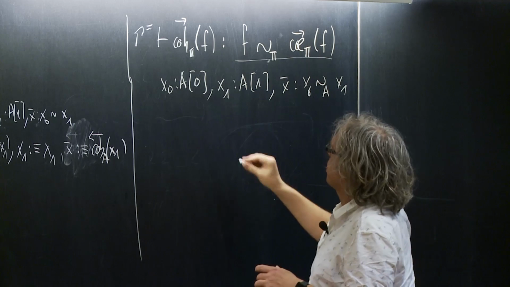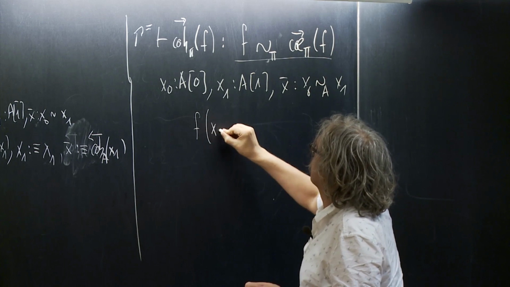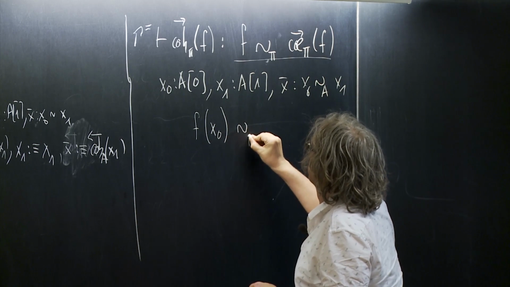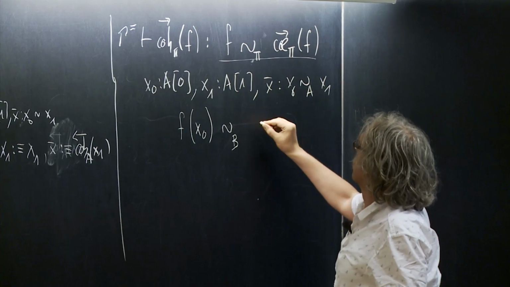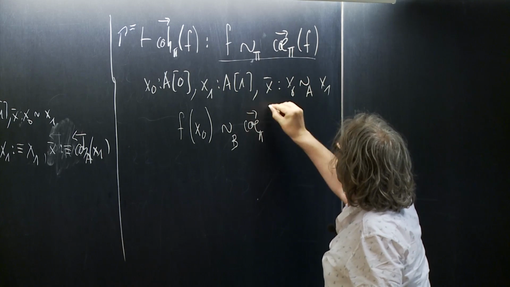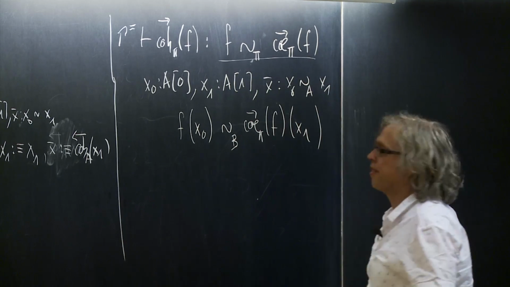And under these assumptions, I want that f of x0 is related in B, which is okay because I have these assumptions, to coe pi f applied to x1, right?